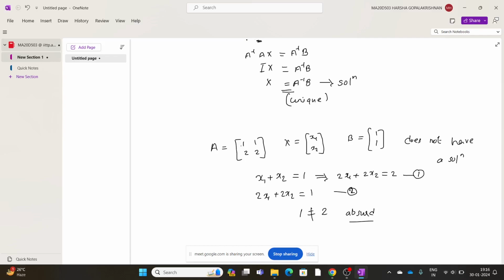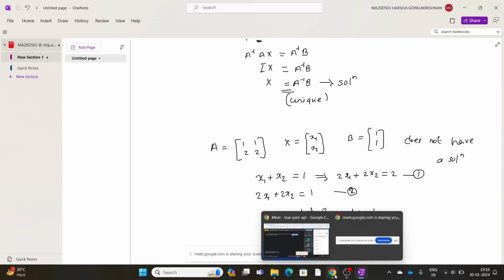You can see here A is not invertible, so we cannot take the matrix A inverse in front of A to find the solution. That is why we use row echelon form and all. If it is invertible, we can easily say the solution exists. Clear? Is there any doubt in this?